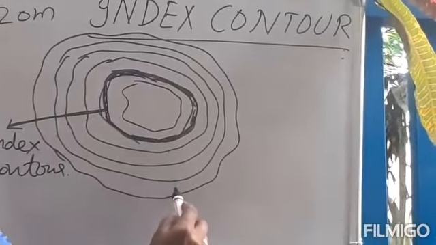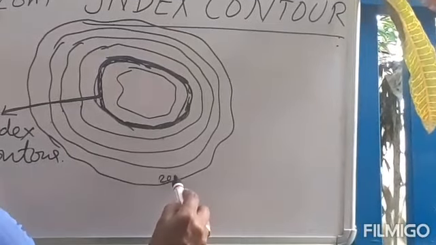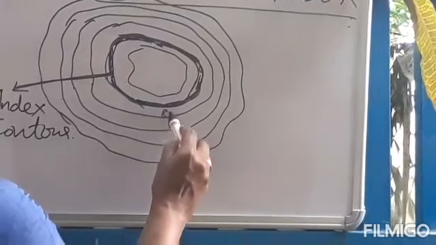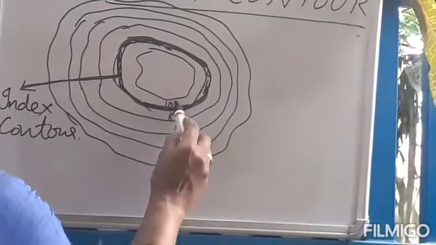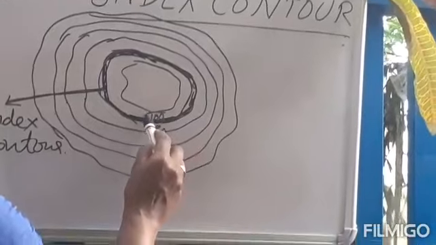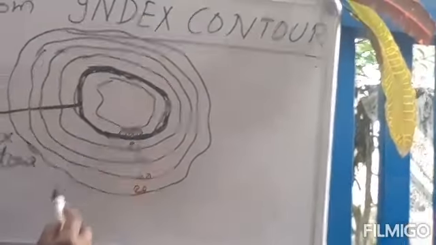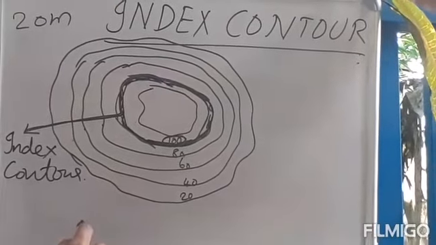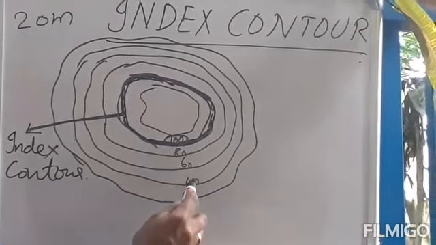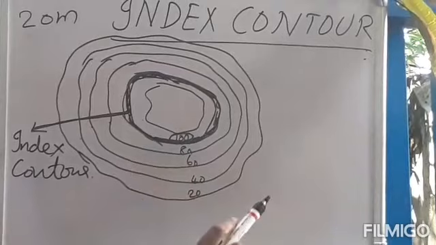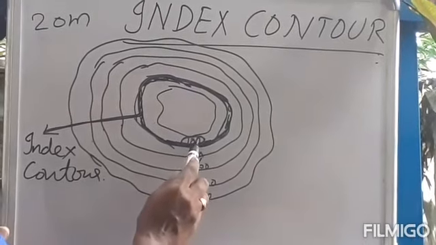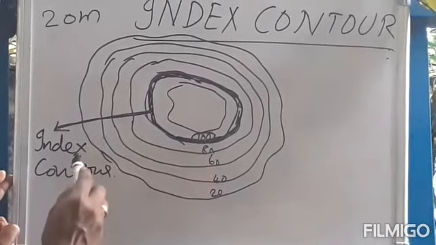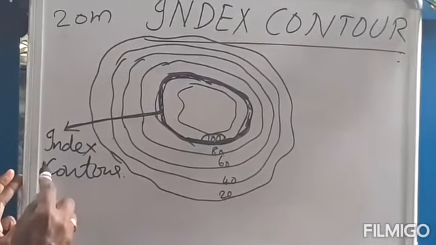Instead of writing 20, 40, 60, 80, only this fifth multiple will be given very clearly and mentioned. This contour is called index contour. 20, 40, 60, 80 will not be mentioned. Instead, the fifth line in the multiple of 20 is mentioned very clearly, which is called index contour.